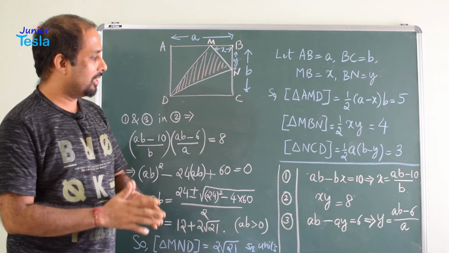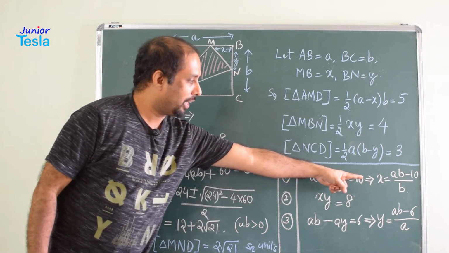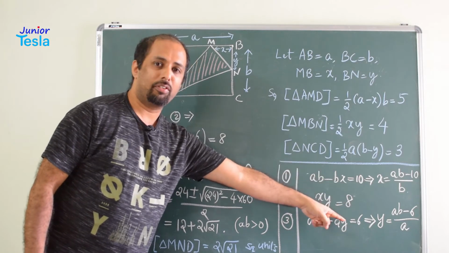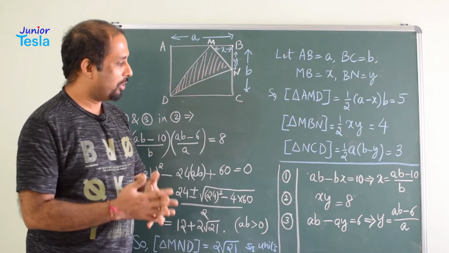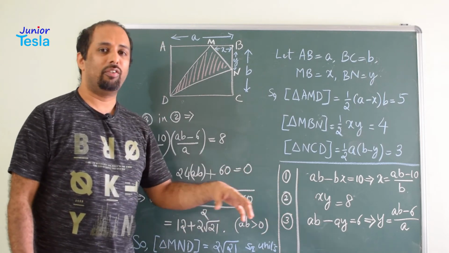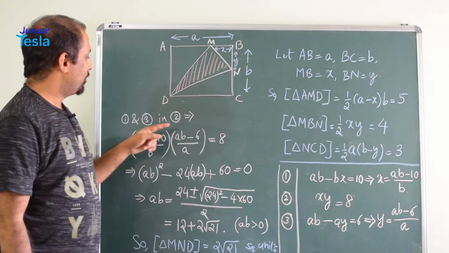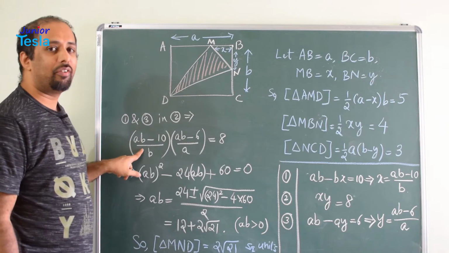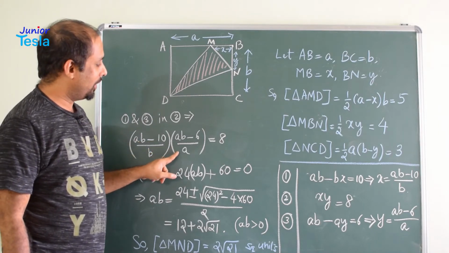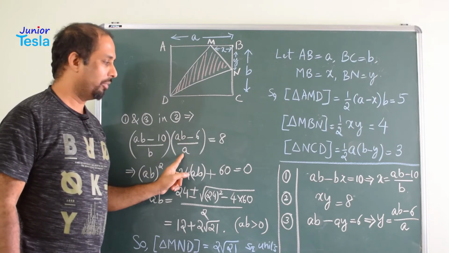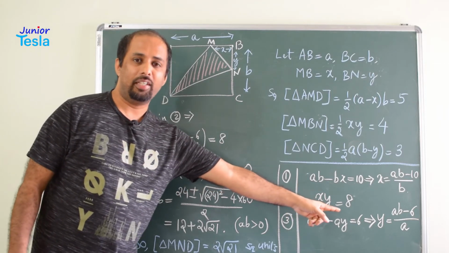Now we have got expressions for x and y, and both are in terms of a and b. If you substitute these values here, you will get another expression. In the place of x I have written (ab minus 10) divided by b, and in the place of y I have written (ab minus 6) divided by a, and that is equal to the right hand side, 8.